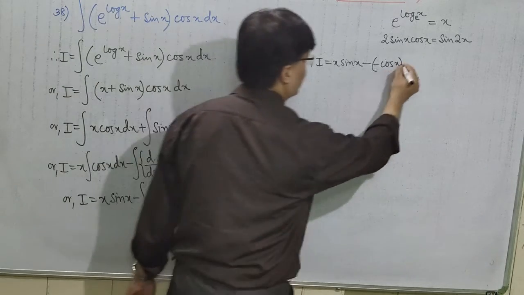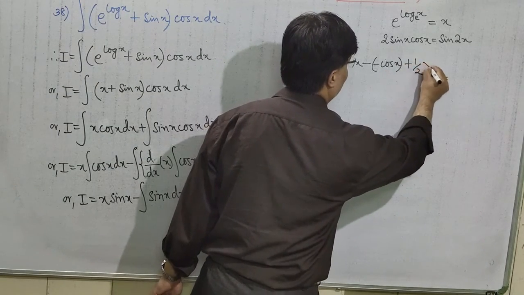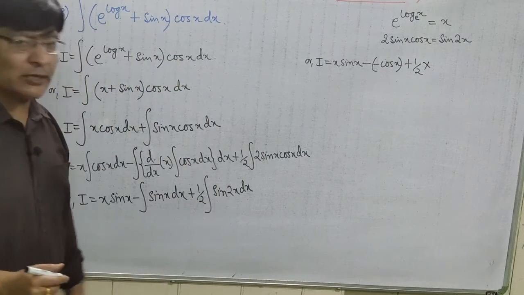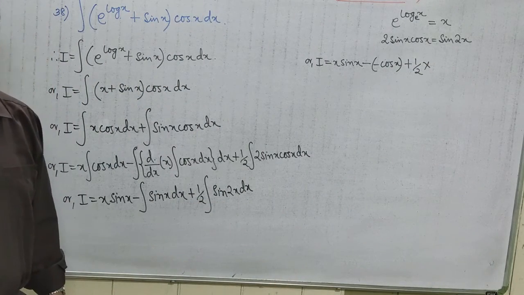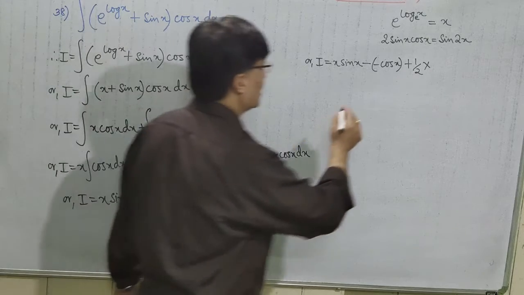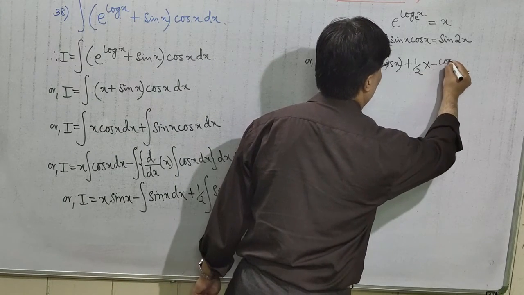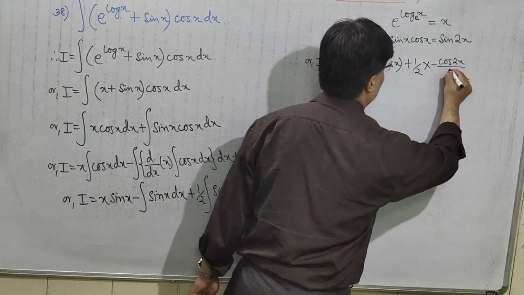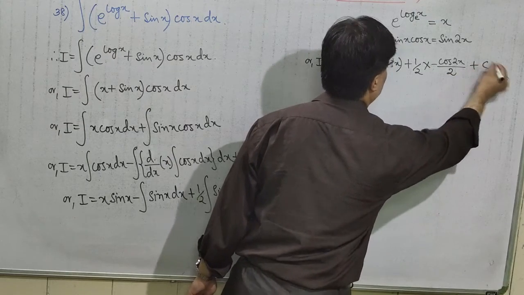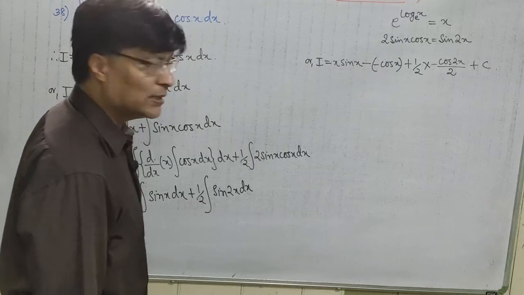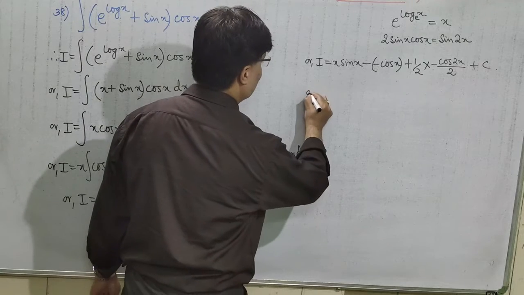Then plus half into, what is the integration of sin 2x? That is, differentiation of which function is sin 2x? That is minus cos 2x divided by 2. Then what do we write? Plus c. Okay, so let us simplify it.